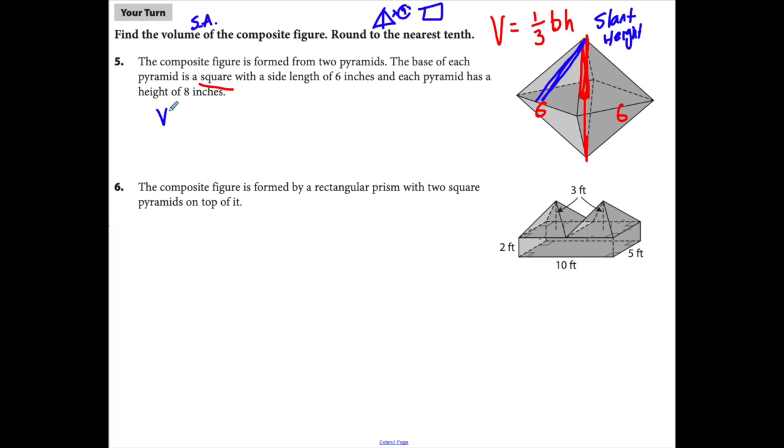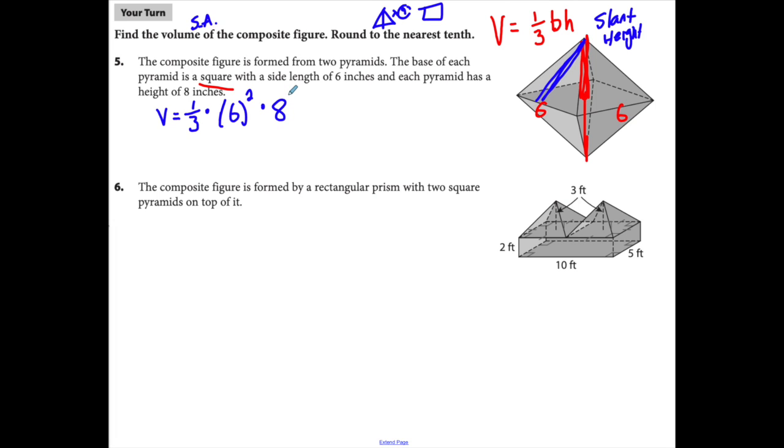So first, the volume. The volume of each one is equal to 1/3 times the area of the base, which is a square, so you multiply 6 squared times the height of 8. That will give me that.